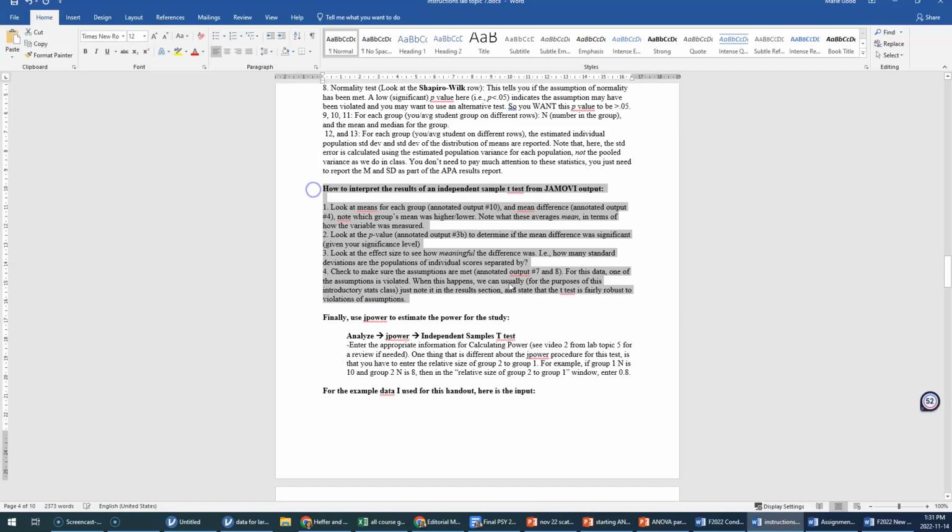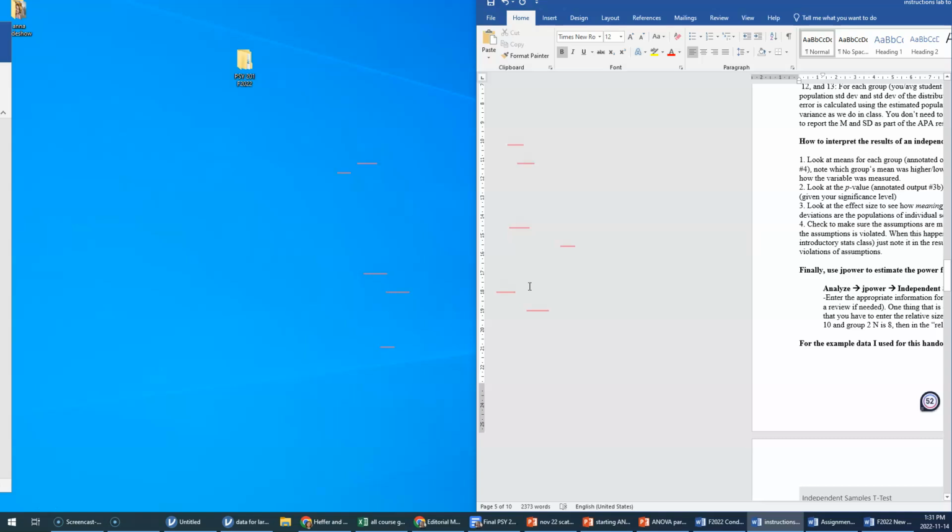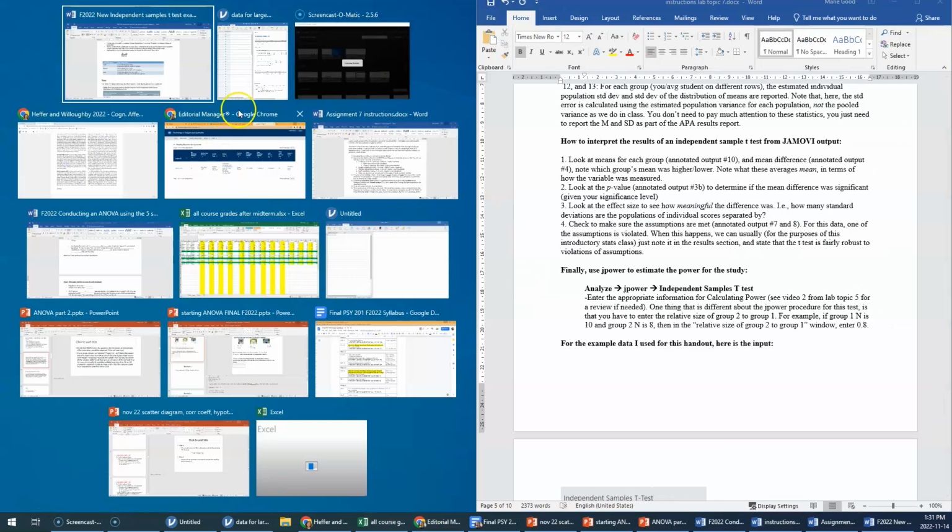So we have done these steps, and we have determined that, yes, there is a significant effect supporting the better than average effect for the domain of religious attitudes for Redeemer students. The last thing we're going to do is estimate the power for the study. So we're going to use jpower again, this time for the independent samples t-test.